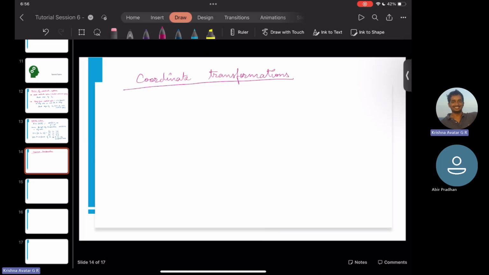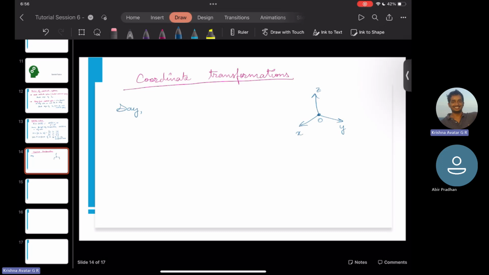And what we do is, say, we have graphically, so this is X, Y, Z, and this is the inertial coordinate system, which is the world coordinate system.